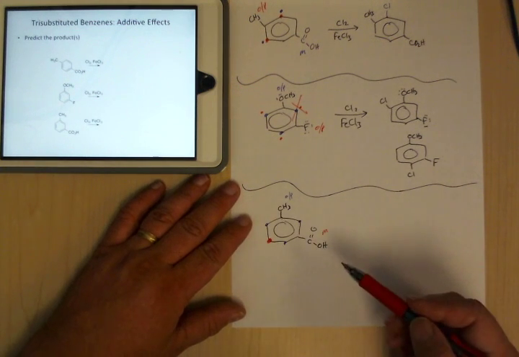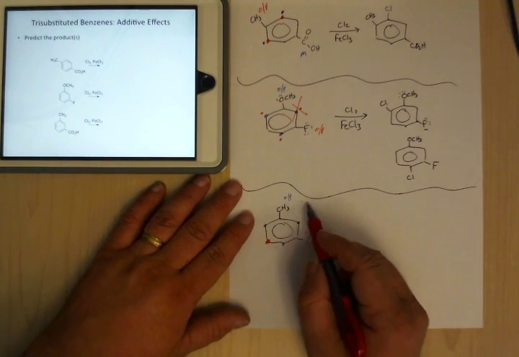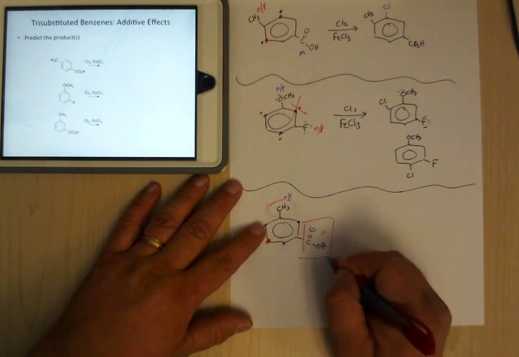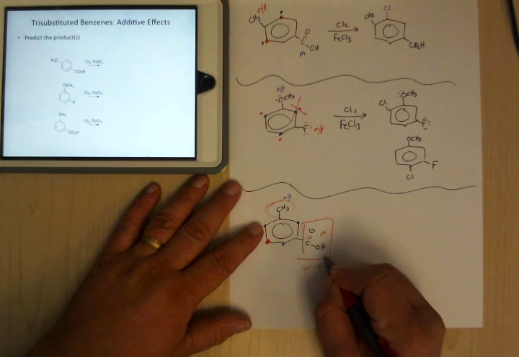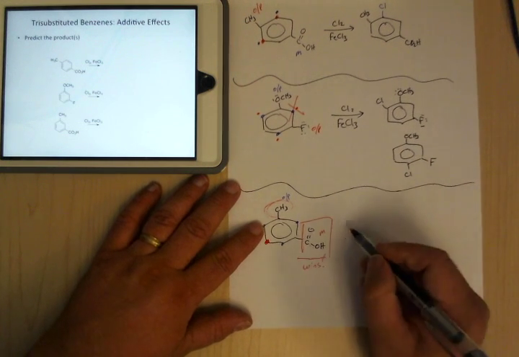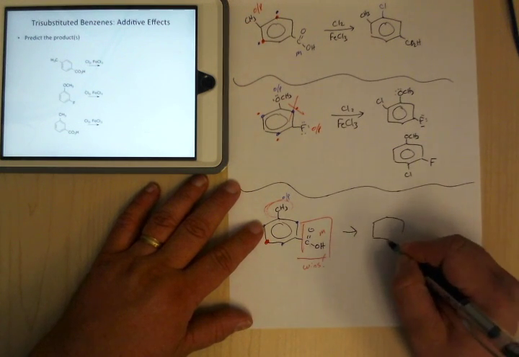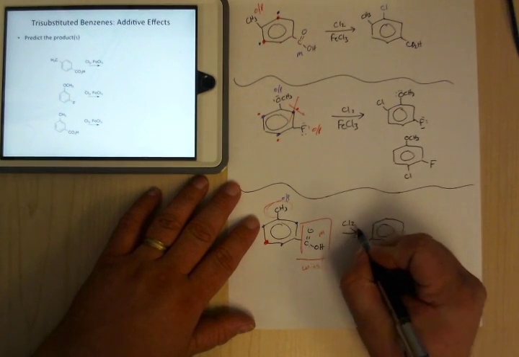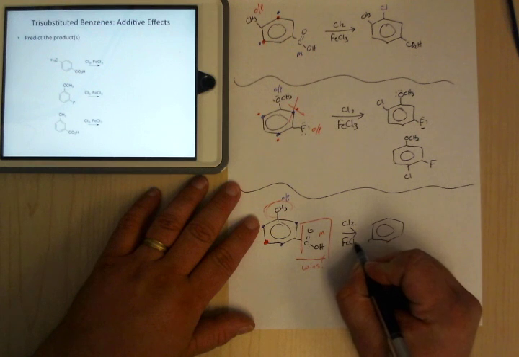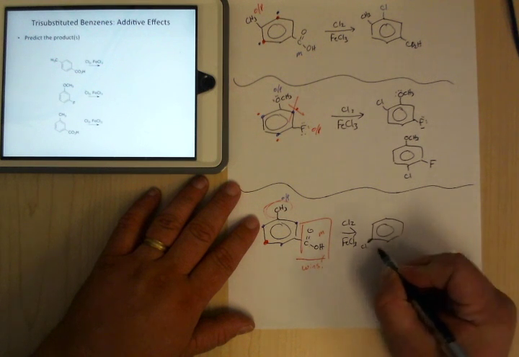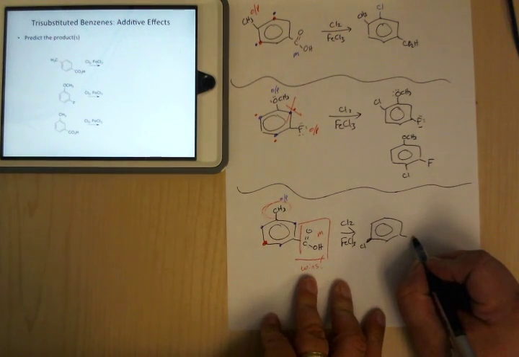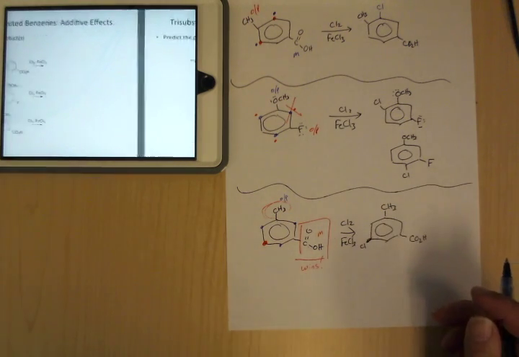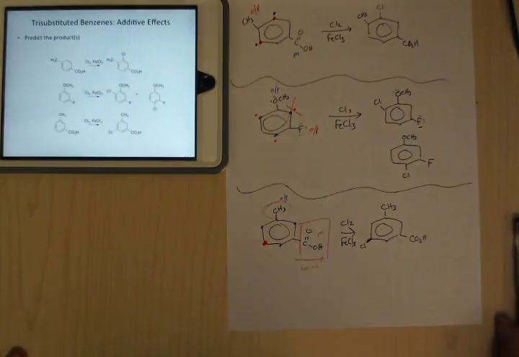So now the question is, which one's more powerful? Everything has priority over a methyl group here. So this wins. Okay, so the product that's formed is, oh, what is the reaction? Oh, it's Cl2. So we'll add the chlorine there, like that. So there we go.